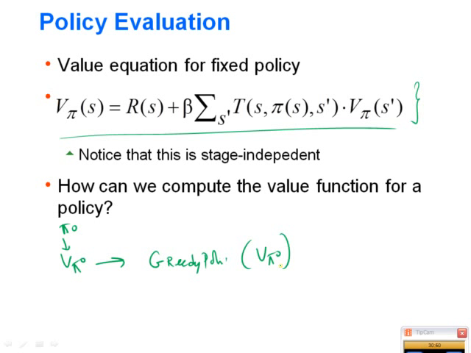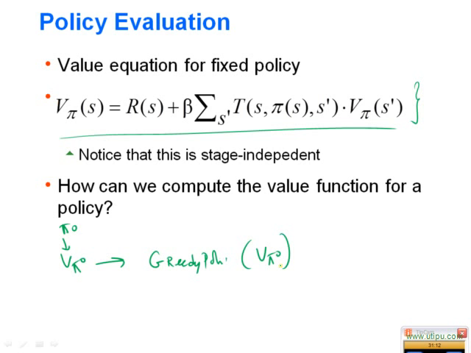This looks like magic, right? Why won't it be that if I ask what is the greedy policy of v pi 0, it will be pi 0? That's the interesting part. It won't be, unless you are such a lucky guy that pi 0 was pi star, in which case you say, I'm done.